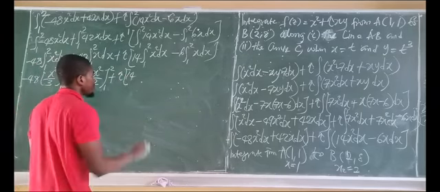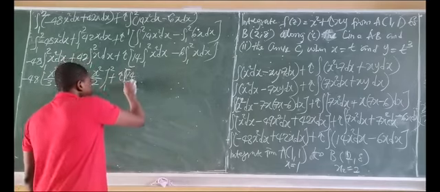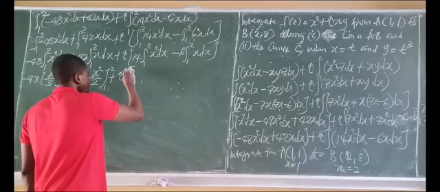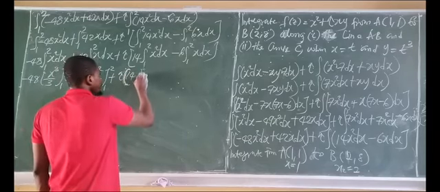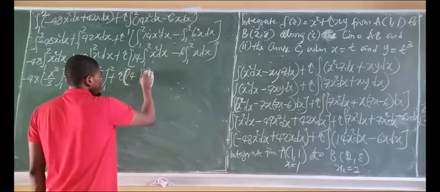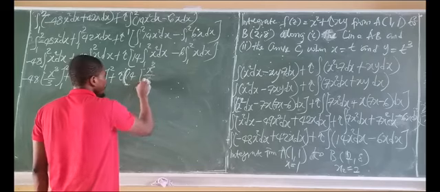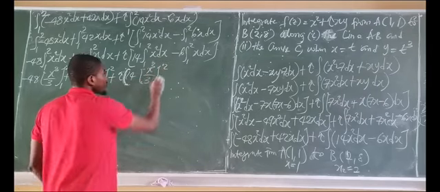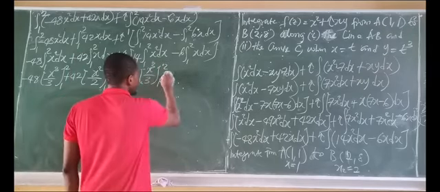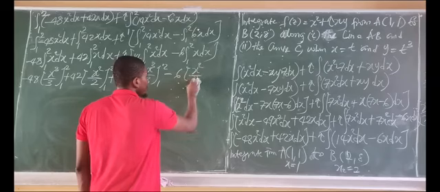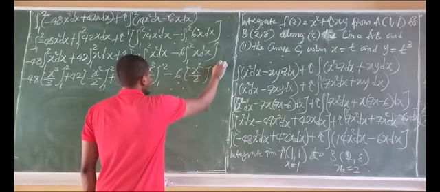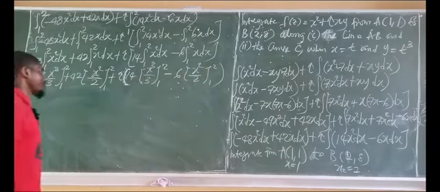If I integrate x squared, same thing, so it becomes plus 14 into x cubed all over 3 from 1 to 2, minus 6. If I integrate x, I have x squared over 2 from 1 to 2. So we have this.